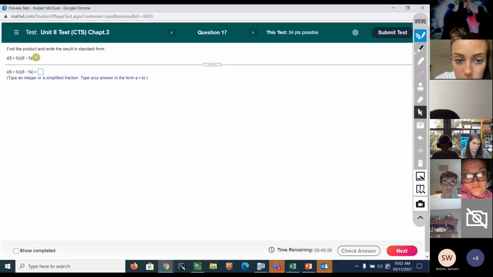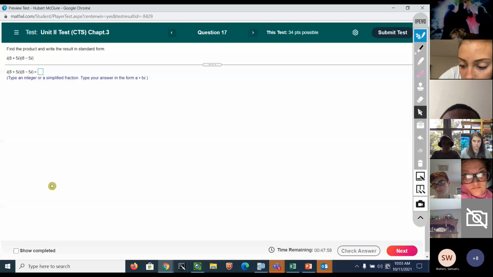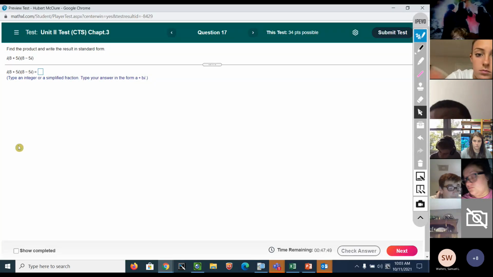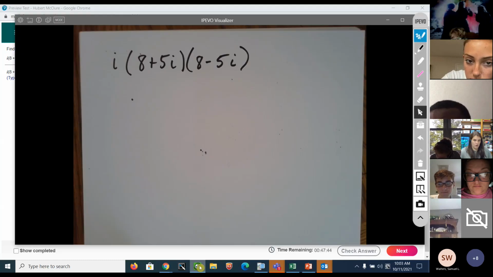Find the product and write the result in standard form. Just going to use algebra here. 8 plus 5i times 8 minus 5i. Well, there's shortcut number 3. A plus b times a minus b is equal to a squared minus b squared.